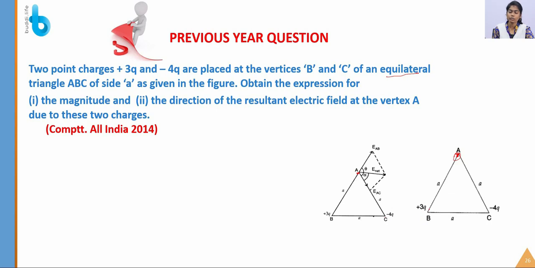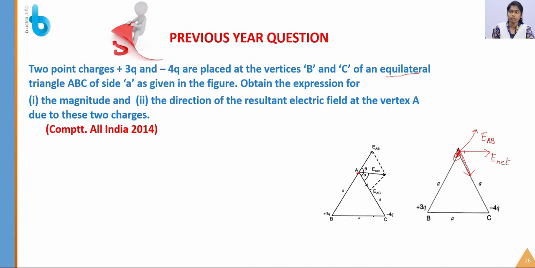First we have to determine the direction. Because of the plus 3q charge, it experiences a repulsive force, which is EAB, and it experiences an attractive force from the other charge because they are opposite charges. So the resultant electric field at point A is E net.